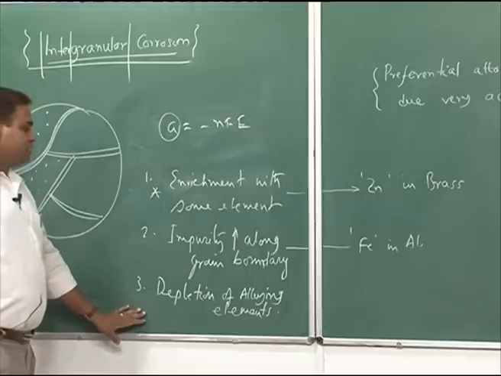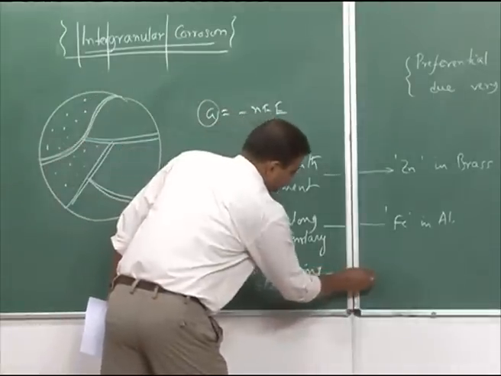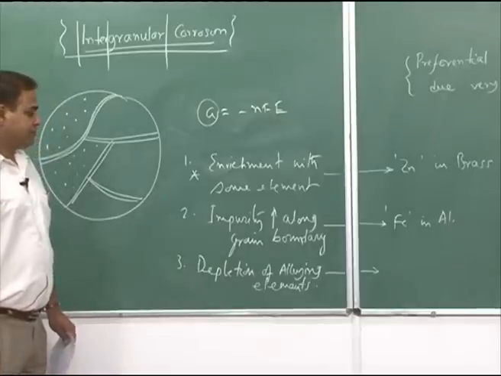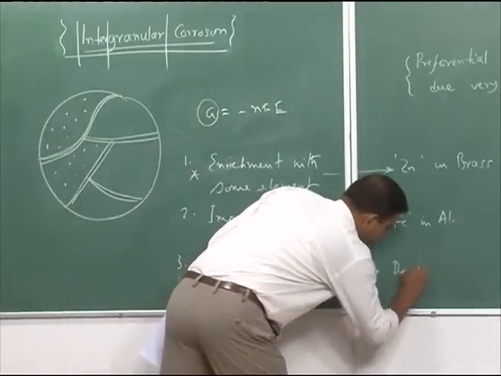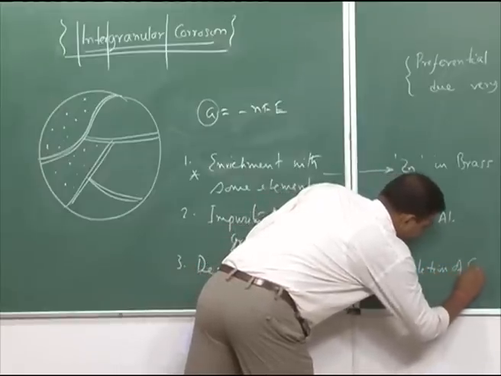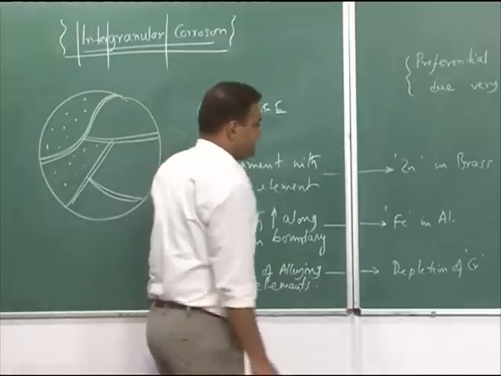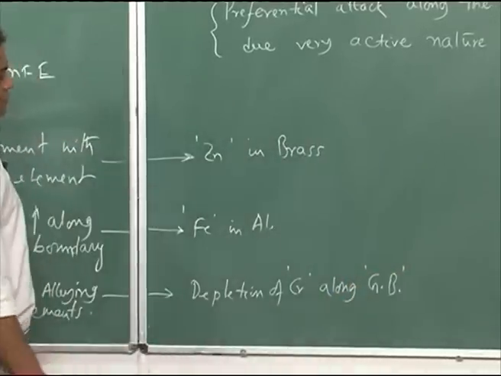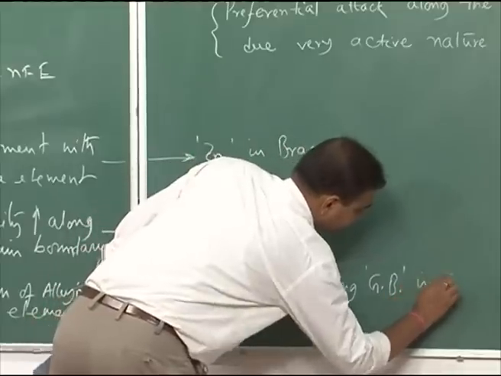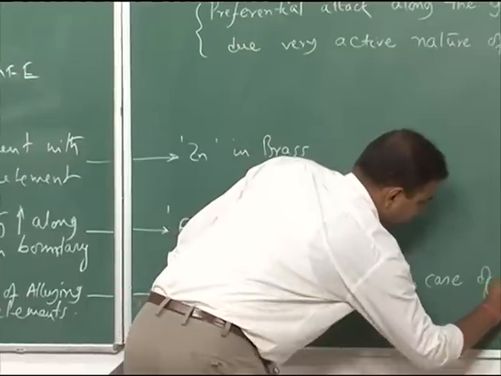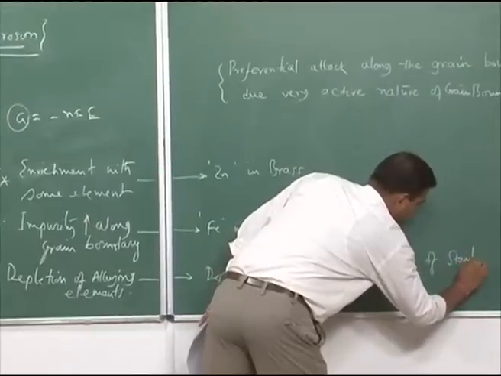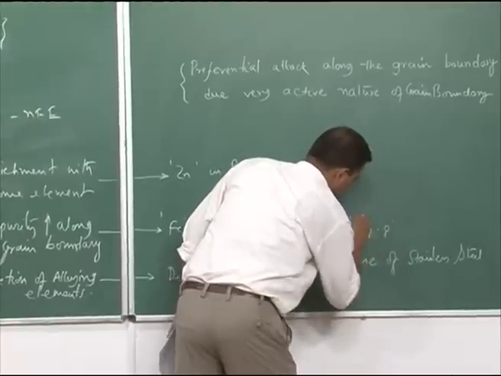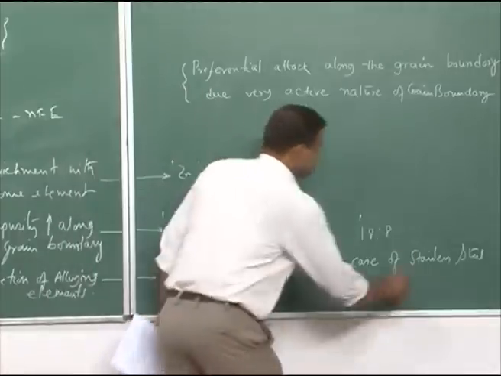And the third example, which is the most well known and well discussed, is depletion of chromium along the grain boundary in stainless steel, and that too 18-8 stainless steel, or 18-8 austenitic stainless steel.